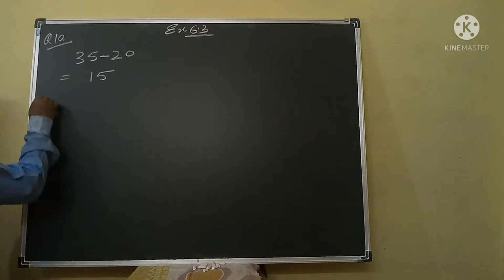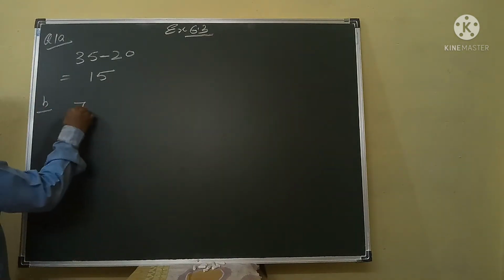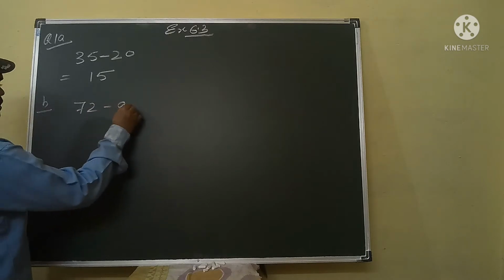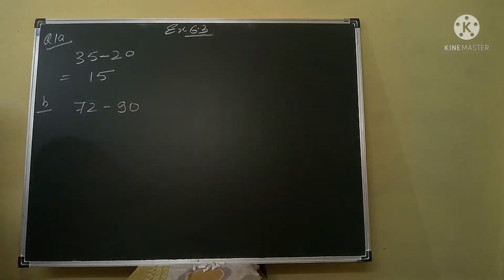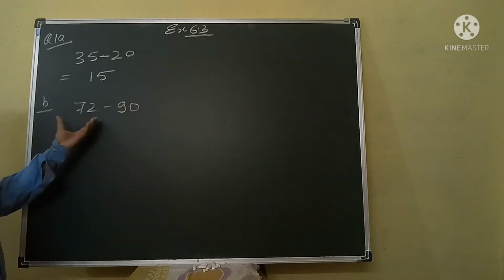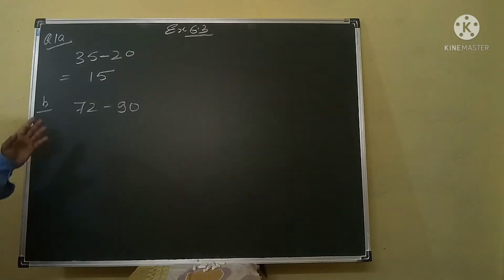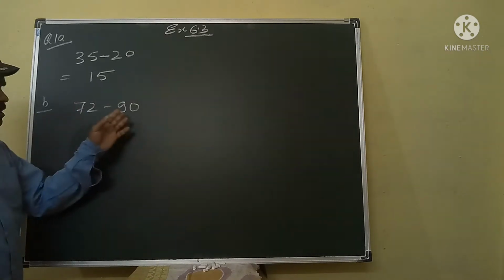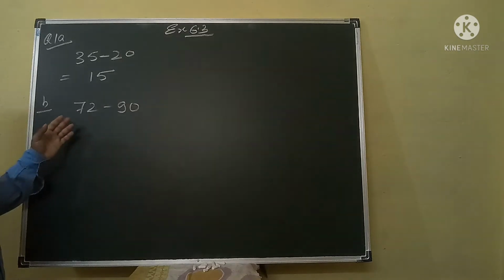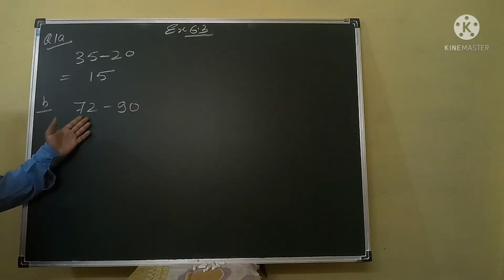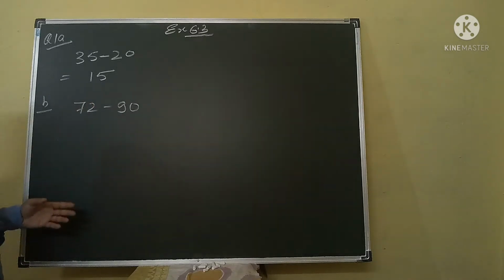In question number 1b, this is 72 minus 90. Now look here, in these two integers, one integer is positive and one integer is negative. So what will you do? Suppose you have one positive and one negative integer.